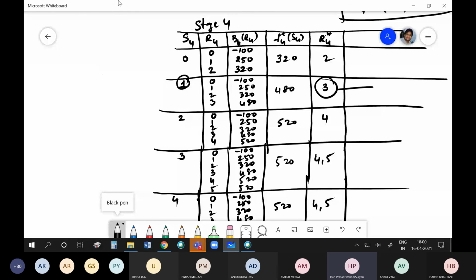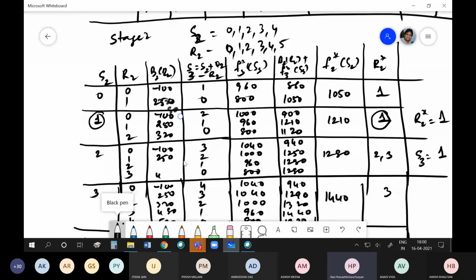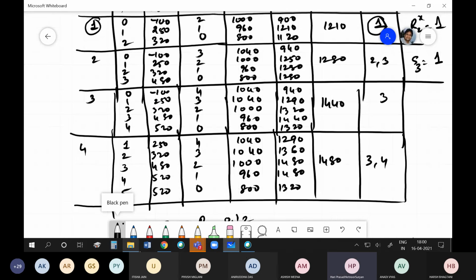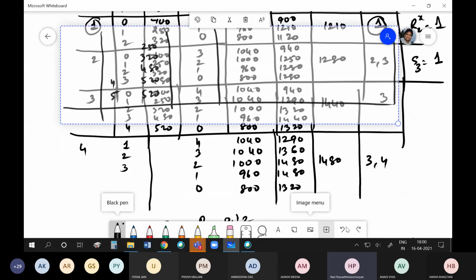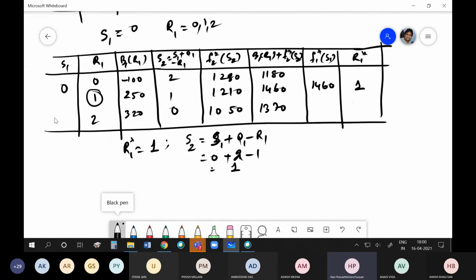The optimal releases will be R1 star is equal to 1, R2 star is 1, R3 star is 3, and R4 star is 3.